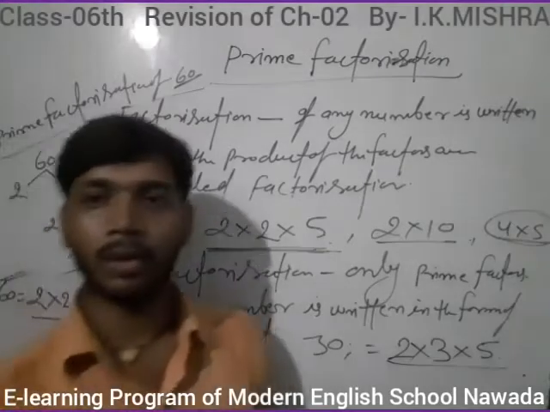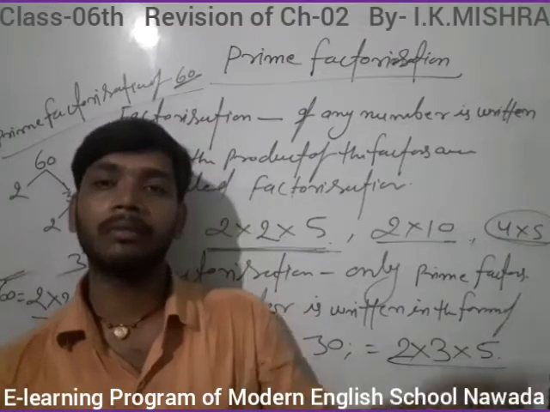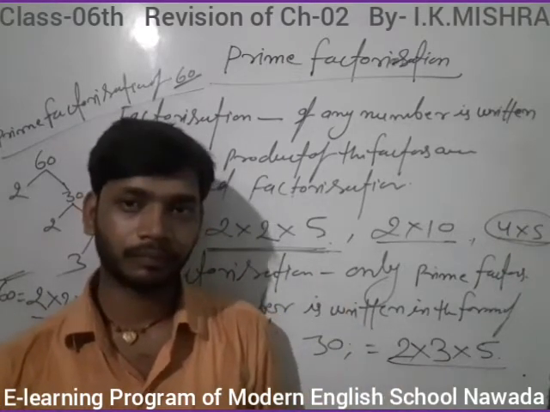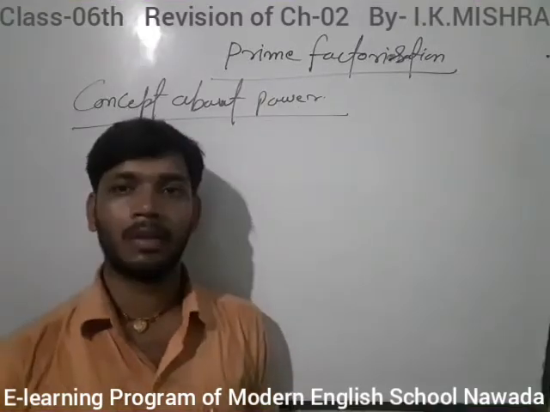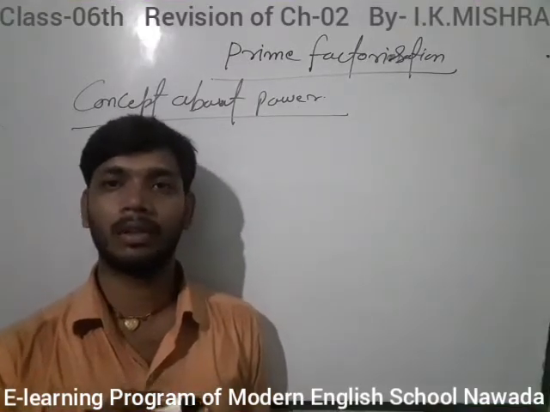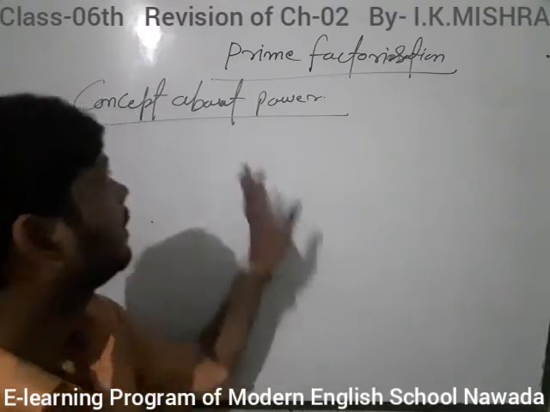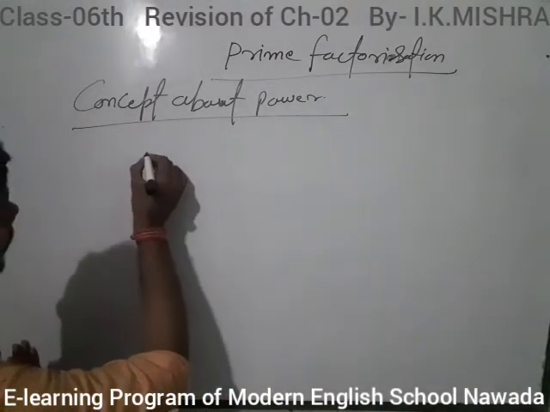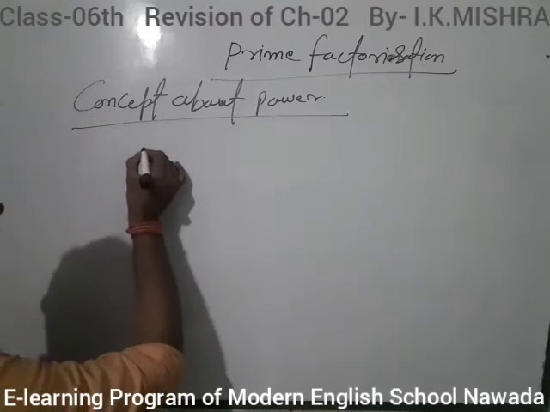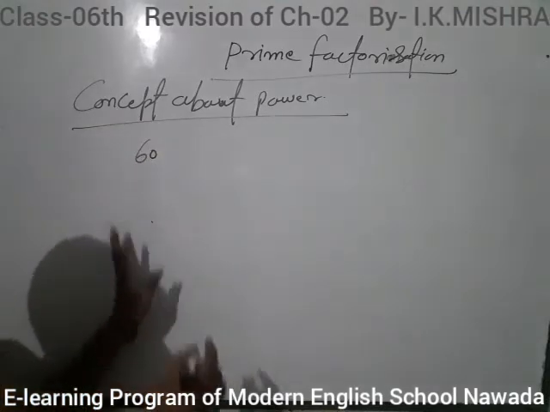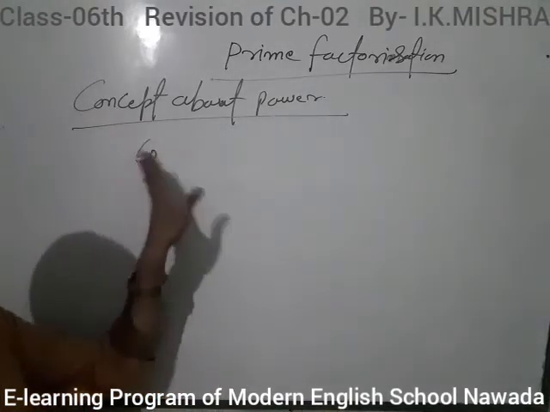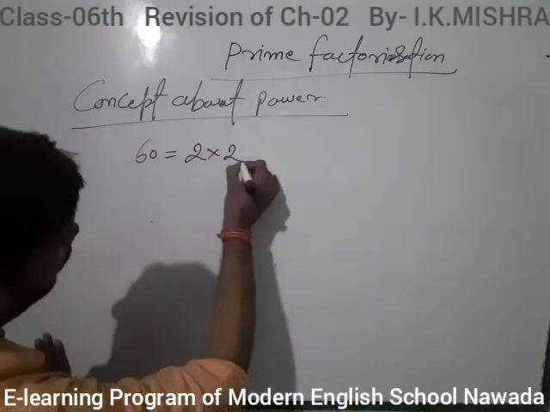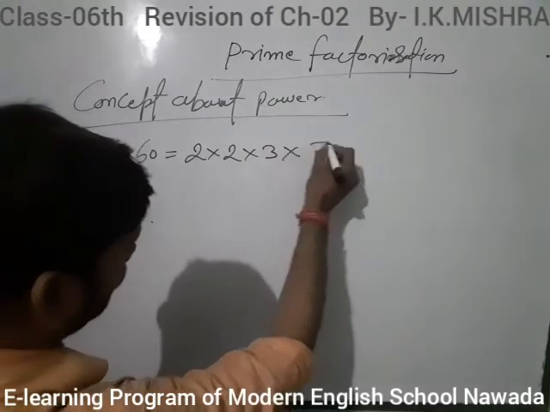Now students, know about the concept of power. Friends, suppose here we write 60, before I did the prime factorization of it, 60 equal to 2 into 2 into 3 into 5.